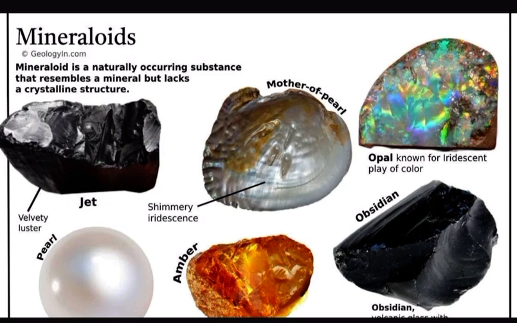As you can see, you have pearl, amber, mother of pearl, and many others. They lack the crystalline properties, but they resemble how normal minerals look. So now on to the next step.